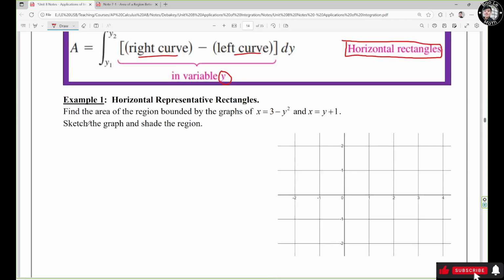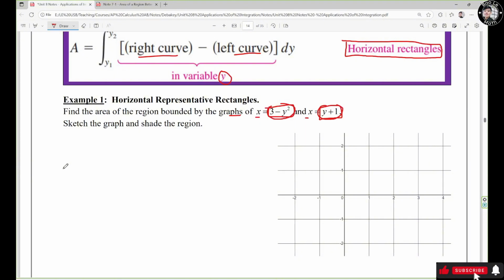Now, example number 1. Find the area of the region bounded by the graphs x equals 3 minus y squared and x equals y plus 1. Keep in mind the right-hand side is always y, and the left-hand side is x.